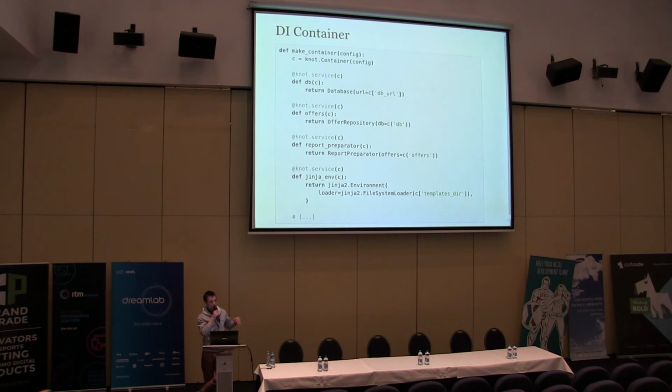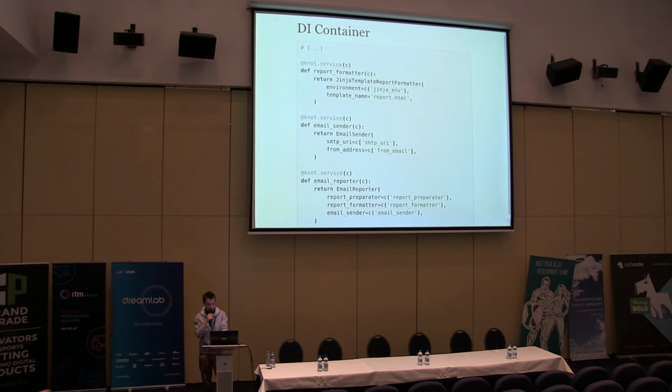If I want to exchange just one dependency for my integration tests, for example, I don't want to send emails from my tests, I can easily register a fake email sender in the container, just for the sake of testing. Here's the continuation of this container, because it didn't fit on one slide.